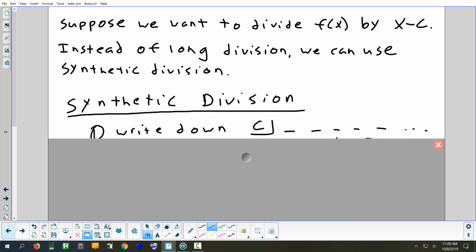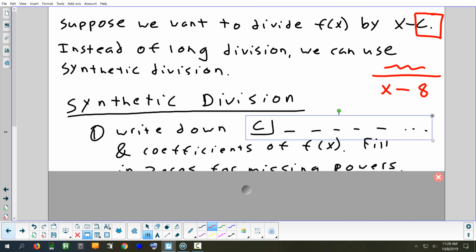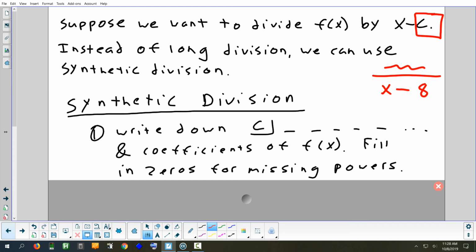So the first step is to write down the number after the minus sign. Okay? So like if I was dividing something by x minus 8, I would put an 8, positive 8, on the outside. Okay, so we make a little bracket, positive 8 on the outside, and then on the inside is the coefficients of your numerator.